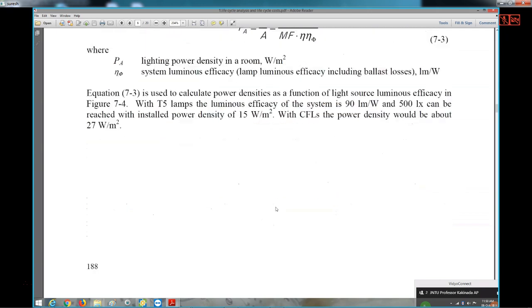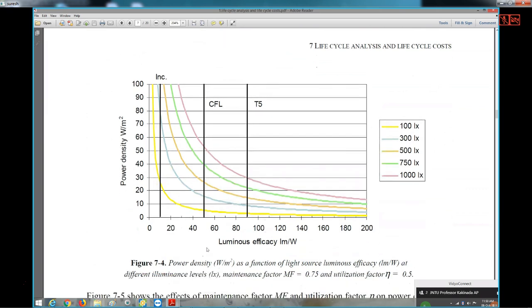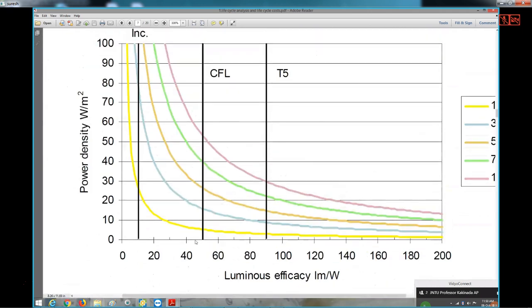By this comparison, we are going to see how the performance differs for various types of luminous flux intensities. So luminous efficacy is taken on the x-axis, and the corresponding power density is expressed on the y-axis.